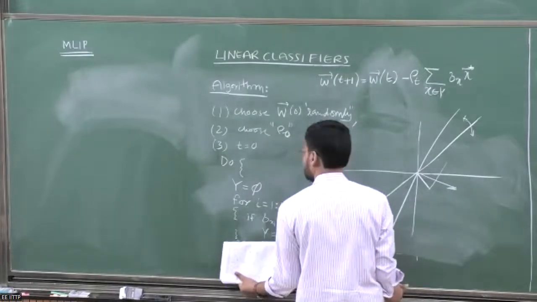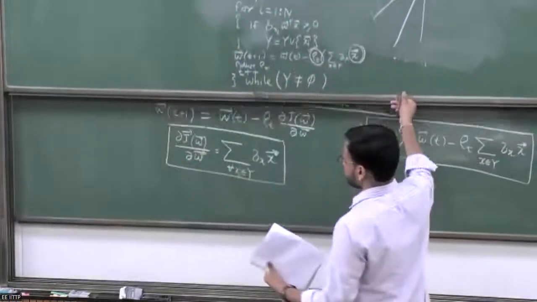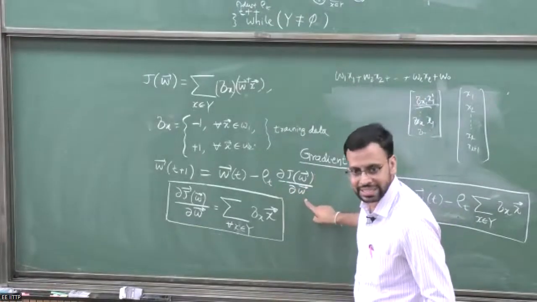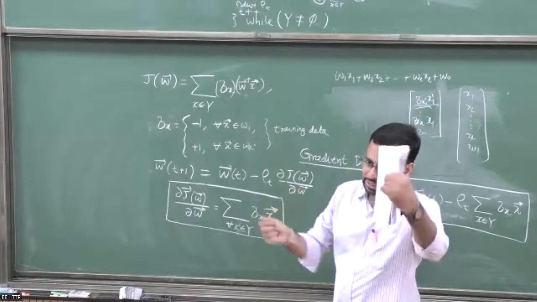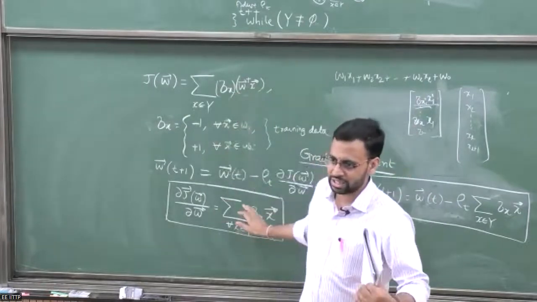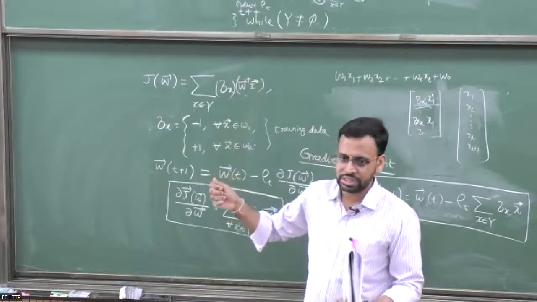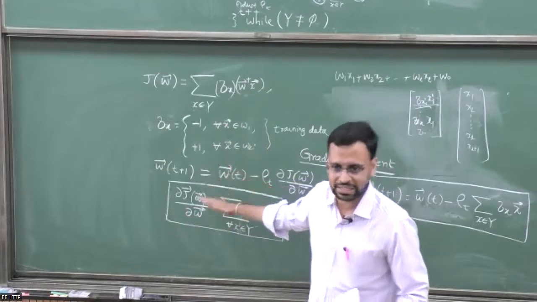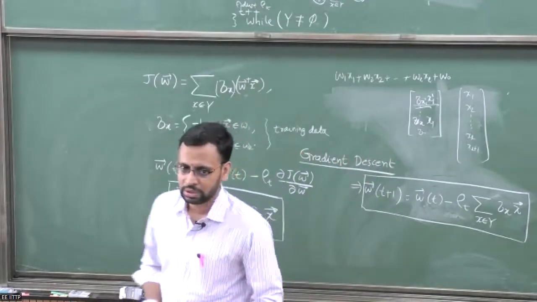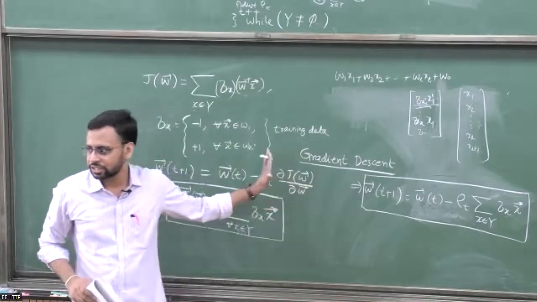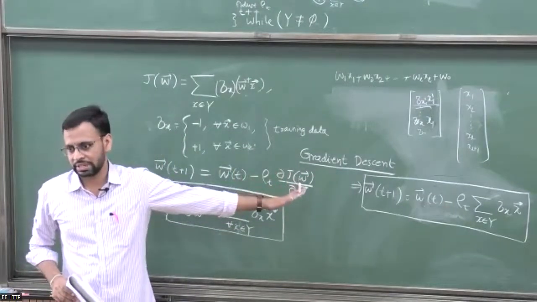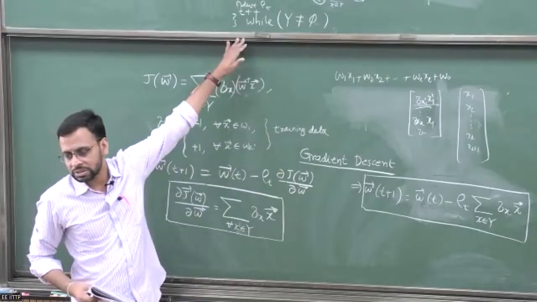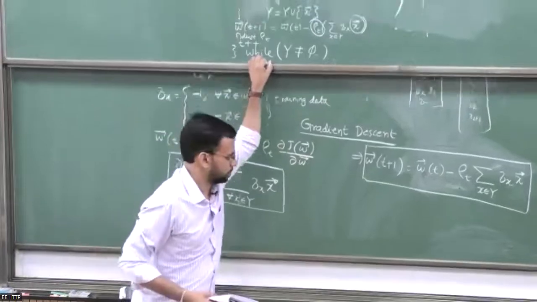I would update not necessarily through a summation at the end, but for each misclassified feature vector I could update the weights. So that is another version. As I said, there are quite a lot of possibilities, just to tell you that there are other possibilities also. But for our purpose, if you solve problems, we will stick to this one.